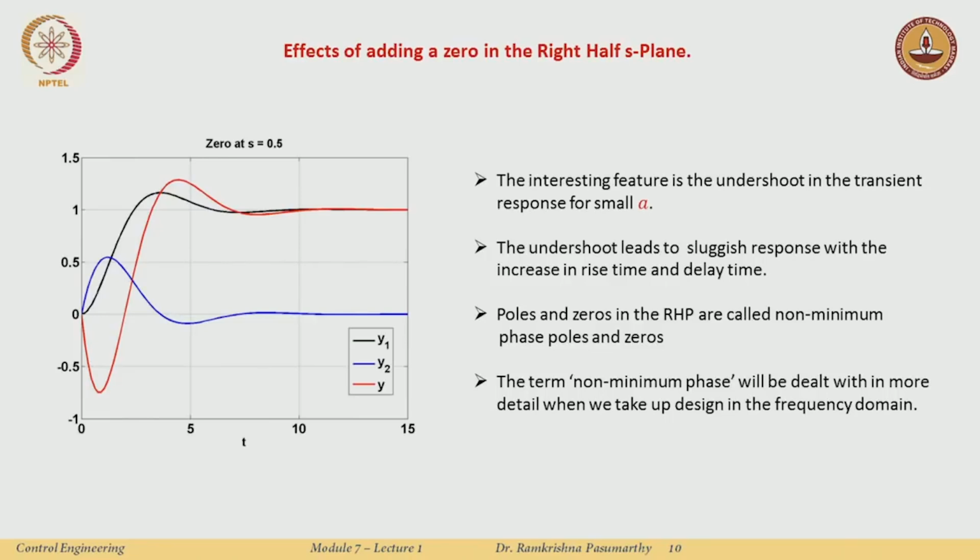Okay. So what is happening here? Again, the black curve is the same as in the previous case. The blue curve is the effect of adding a 0 on the right half plane. Now, the red curve, which is the combination of these two, looks strange, right? Initially, what do I want? I want to reach the point plus 1, with fewer overshoots, a fairly small settling time, and no steady state error.